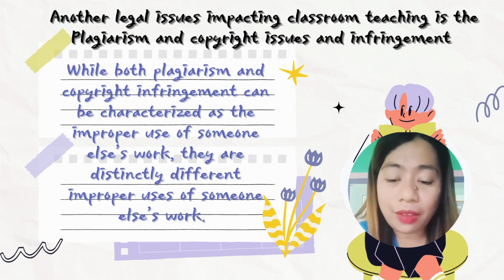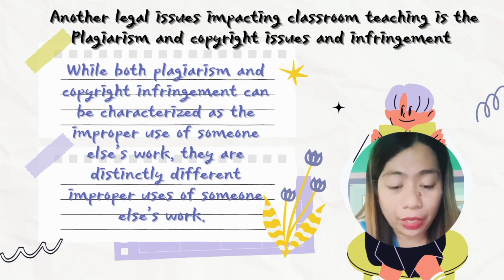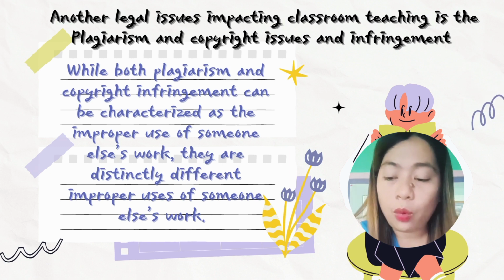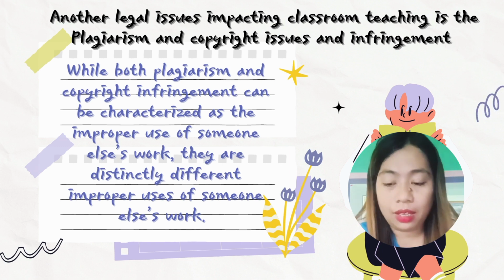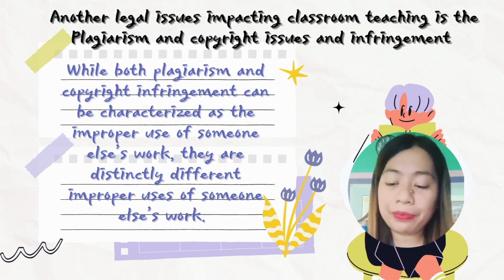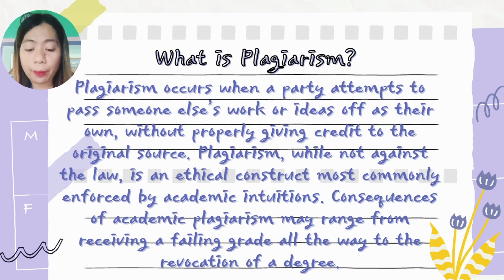The biggest difference is that copyright infringement is illegal, while plagiarism is not. What is plagiarism? Plagiarism occurs when a party attempts to pass someone else's work or ideas off as their own without properly giving credit to the original source.